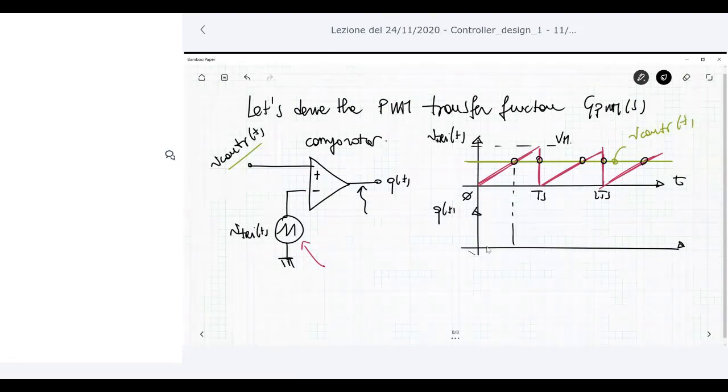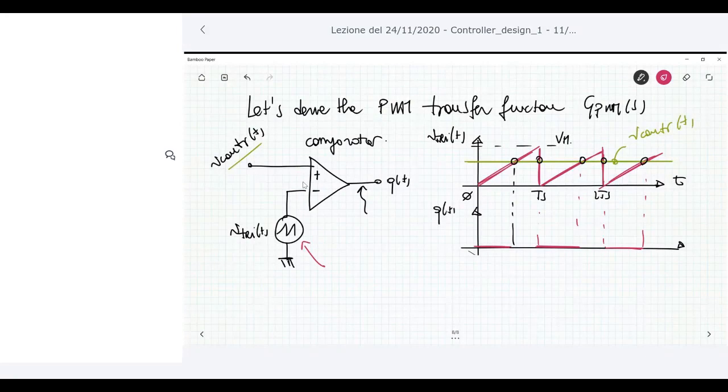So it's 0, for example, here, and is 0 here, and it is 0 here, because the triangular voltage is less than the control voltage. Anytime the control voltage is higher than the triangular voltage, then the output Q is 1. So this is the correct way to generate the so-called unitary switching function.